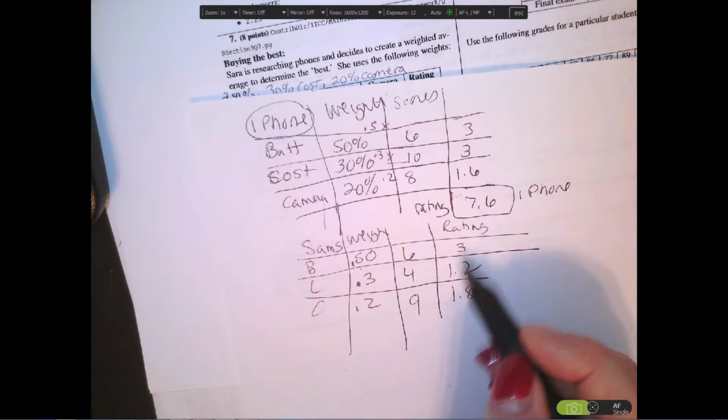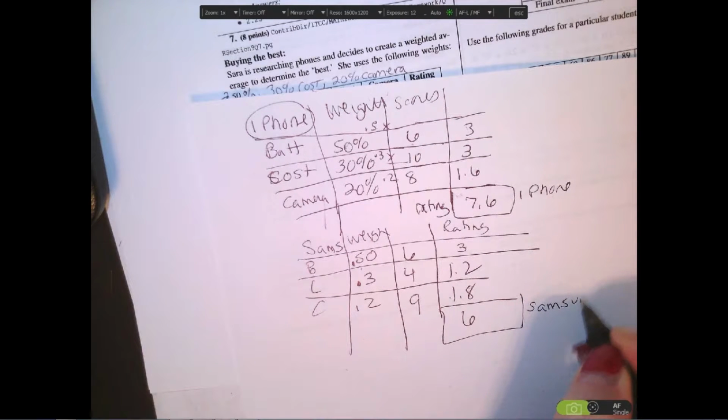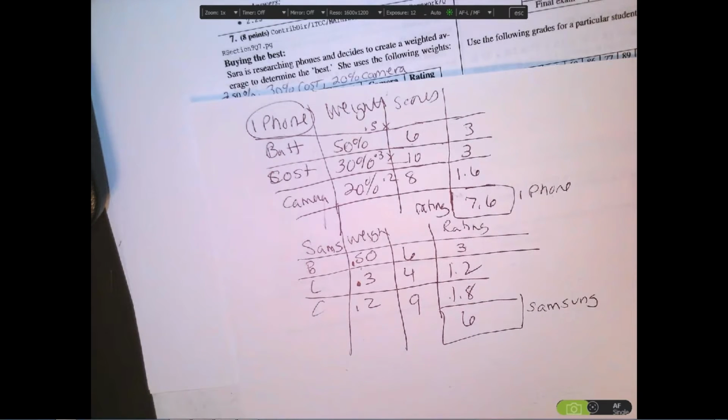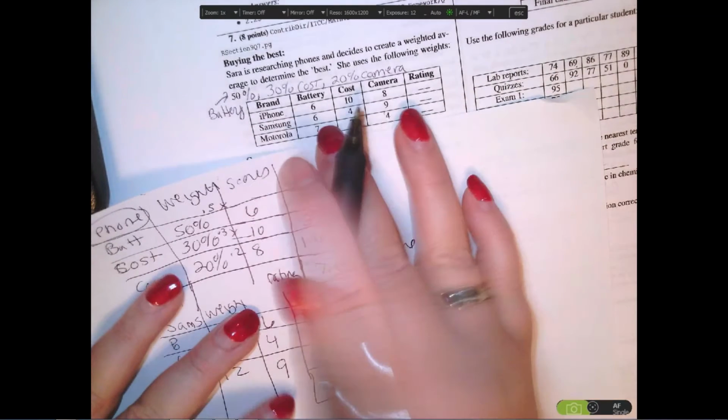So that's 3, 4, 5. Its total rating is a 6. Okay. So we can see so far the iPhone is in the lead.